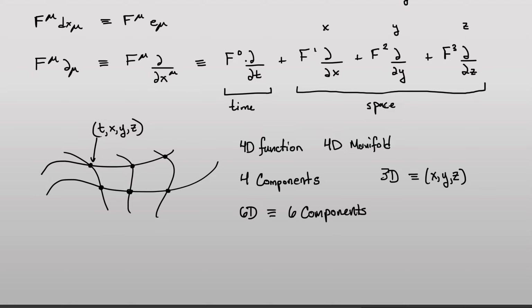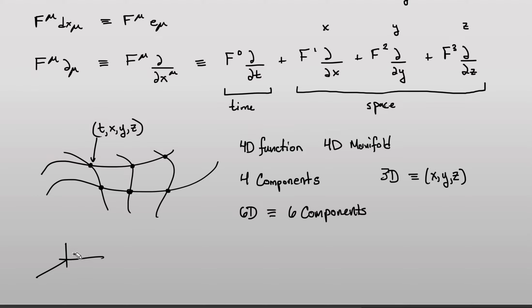Just like the components or the dimensionality of any Cartesian plane is orthogonal to one another, right? Taking the time component of a function, you don't need to know anything about the spatial components of this function if we were to take partial derivatives like this.